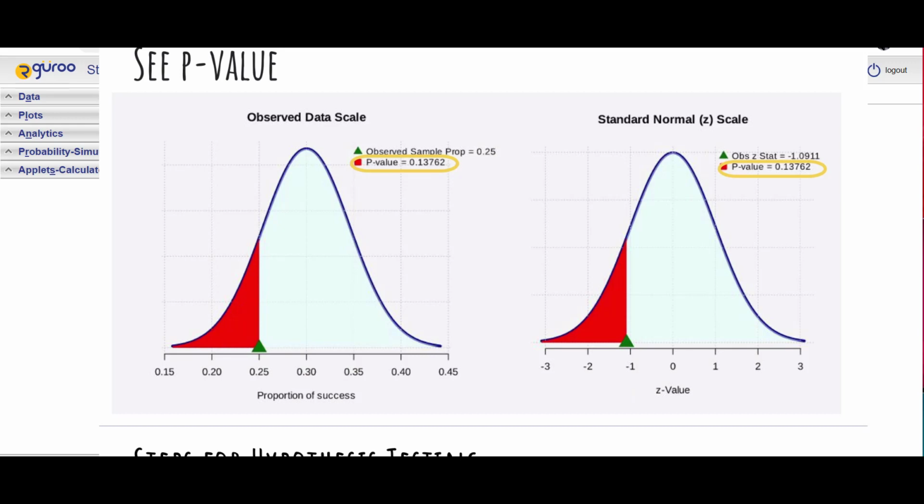And the probability of getting, in this case, 0.25 is shaded here, and that is your p-value, the 0.13762. So for this particular test that I have a picture of, we're saying that the probability, if the null is really true, that you would get a sample statistic as extreme as 0.25, that would be 0.13762.